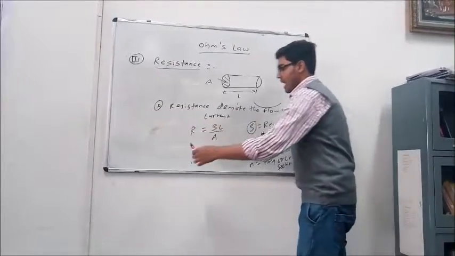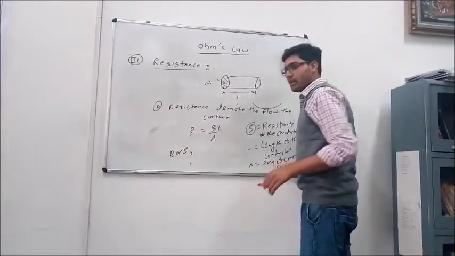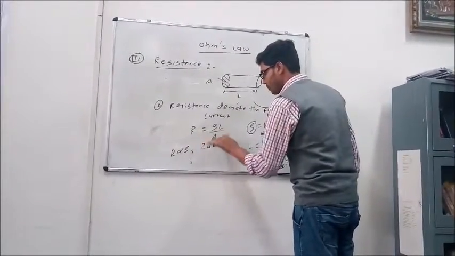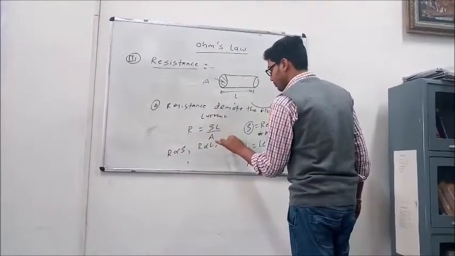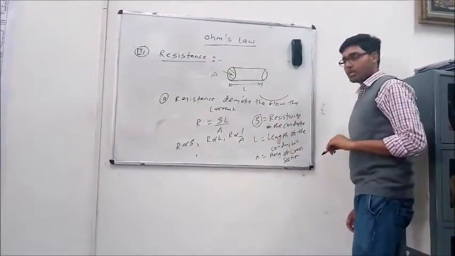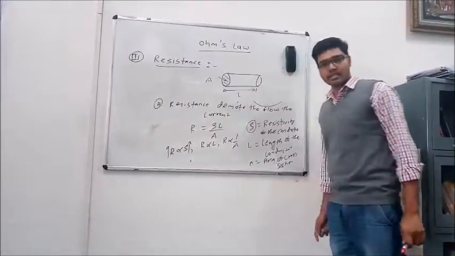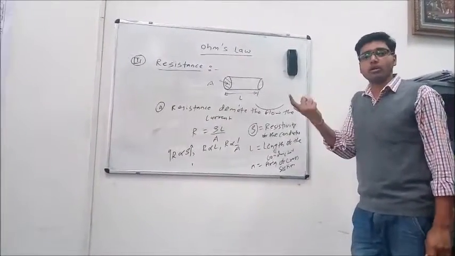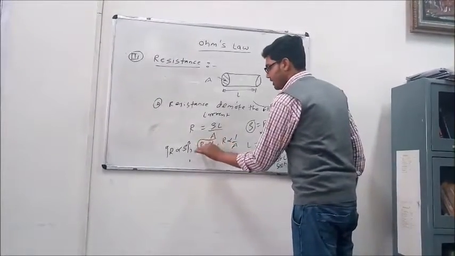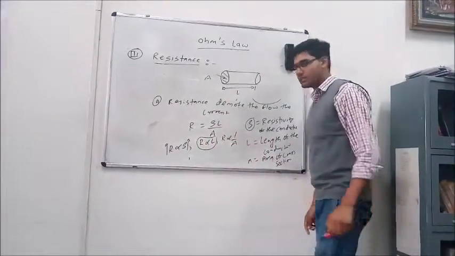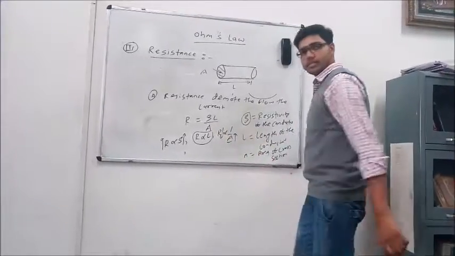So resistance R is directly proportional to the resistivity, directly proportional to the length, and inversely proportional to the cross section. That means if resistivity is more, the material will have more resistance, and it will resist the flow of electric charge more. If the length is more, we get more resistance, and if the area of cross section is more, we get less resistance.